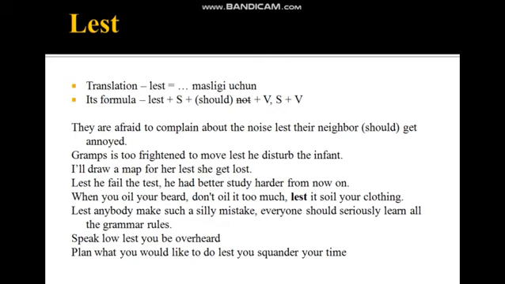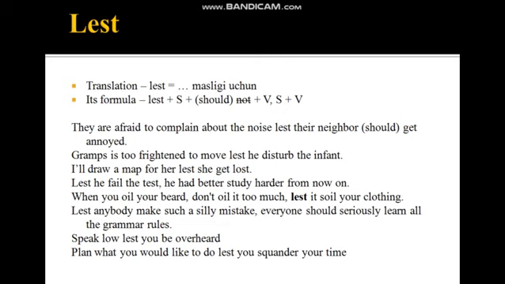And after he or she, you should use "gets" according to the rules of verb agreement. But see, even if you omit "should," you cannot use "gets." You have to use "get" because you have to bear in mind that there is a big "should" right here.